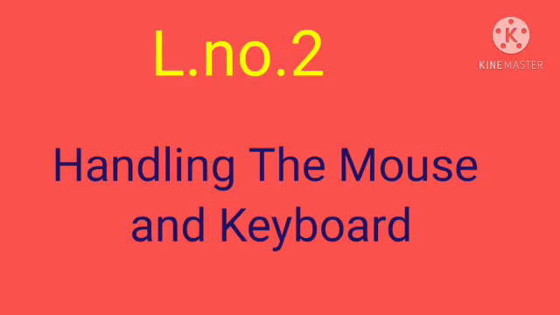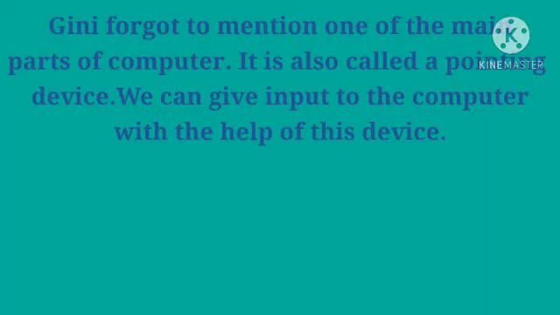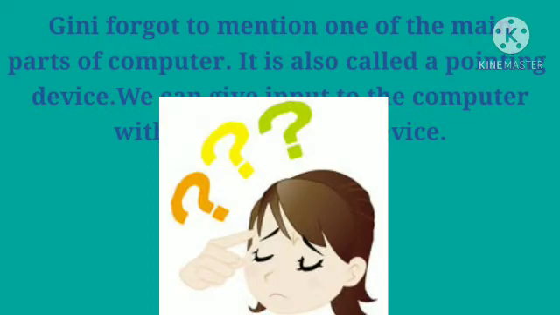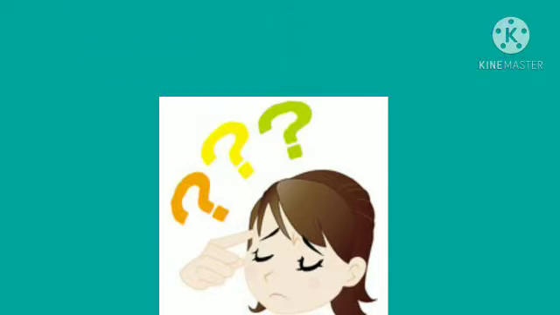Now students, in this lesson, we study very important parts of a computer, which are the mouse and keyboard. Let's start. Jeannie forgot to mention one of the main parts of a computer. It is also called a pointing device. We can give input to the computer with the help of this device.